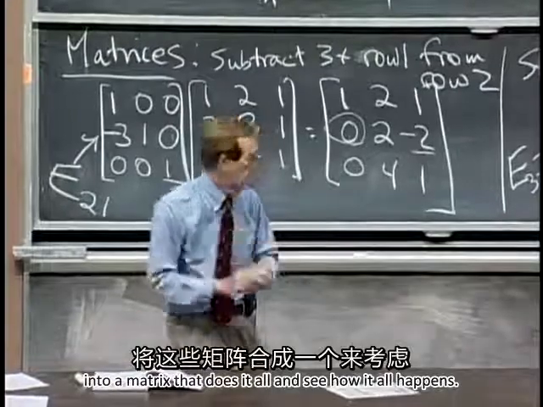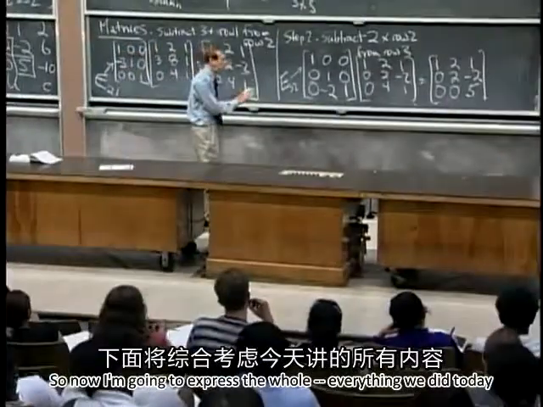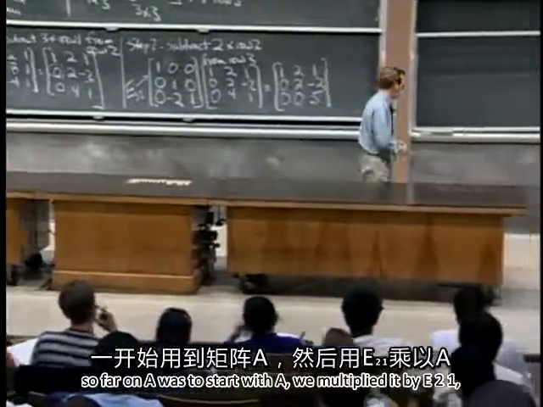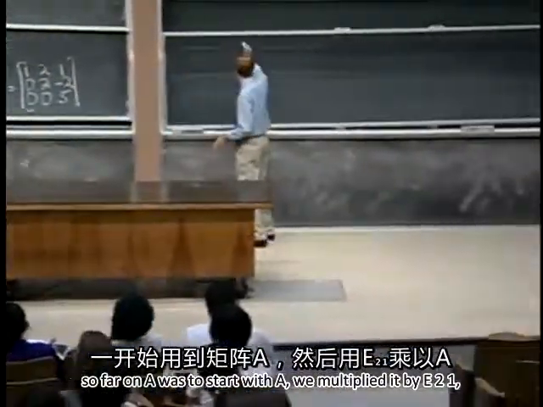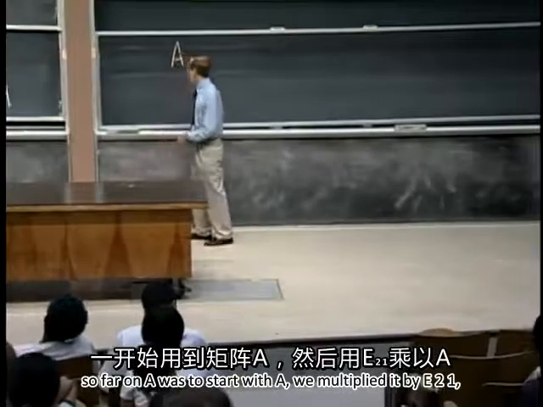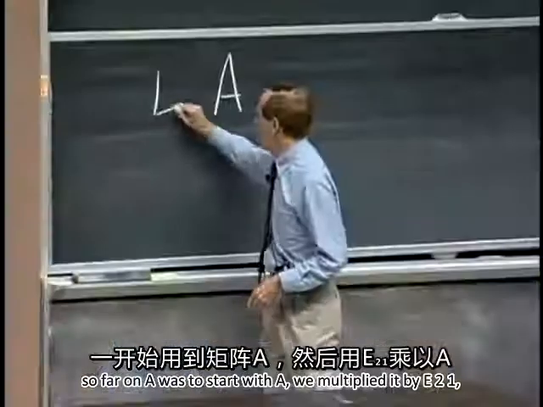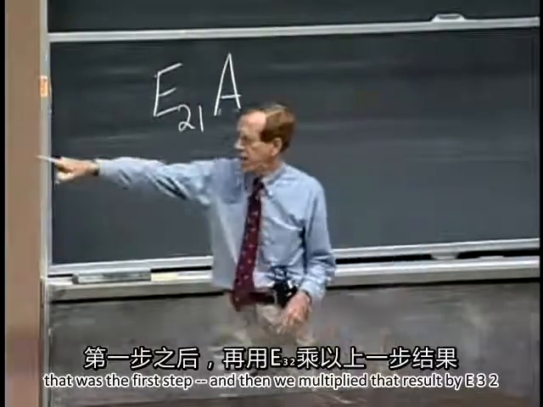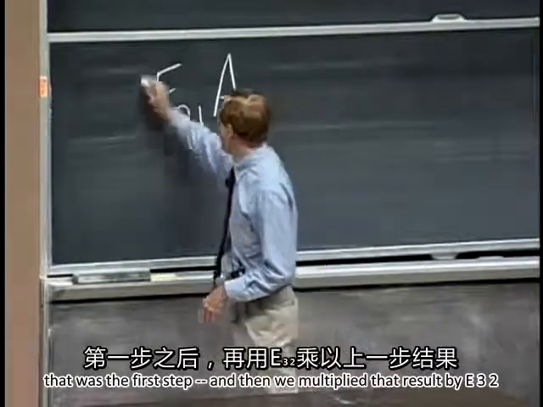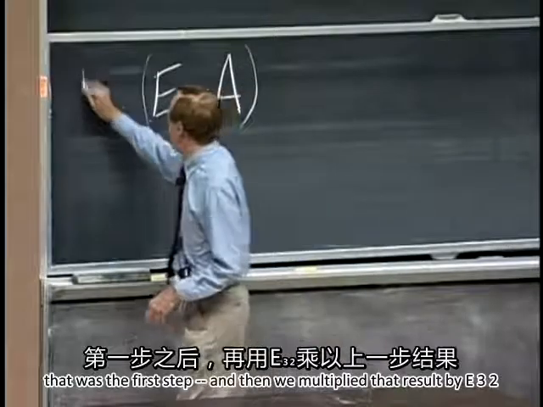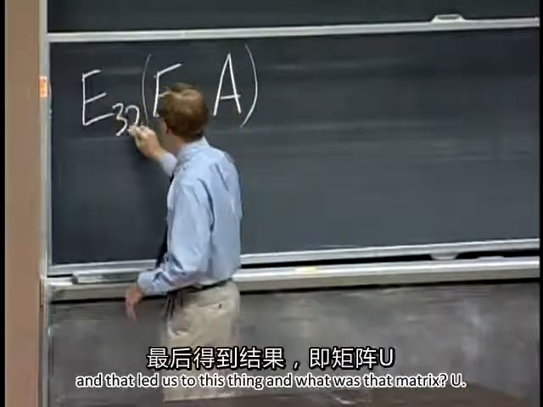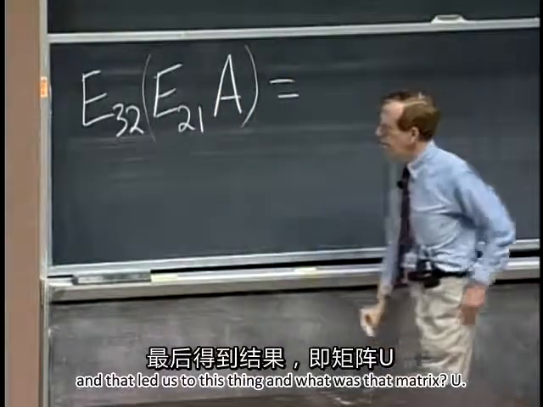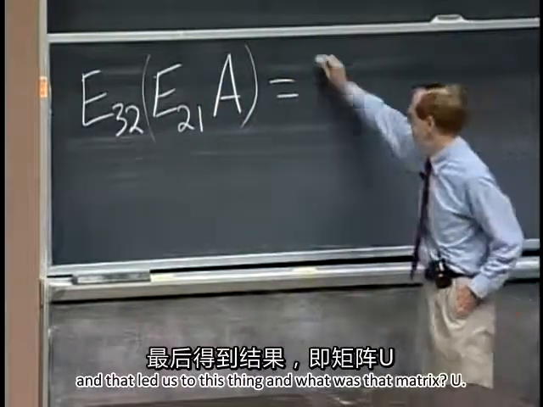So I'm going to express everything we did today so far on A. We started with A, multiplied it by E21, that was the first step, and then multiplied that result by E32, and that led us to this thing. What was that matrix? U.